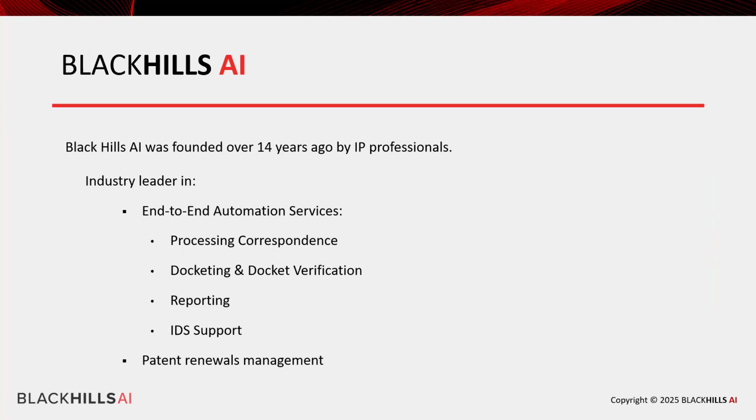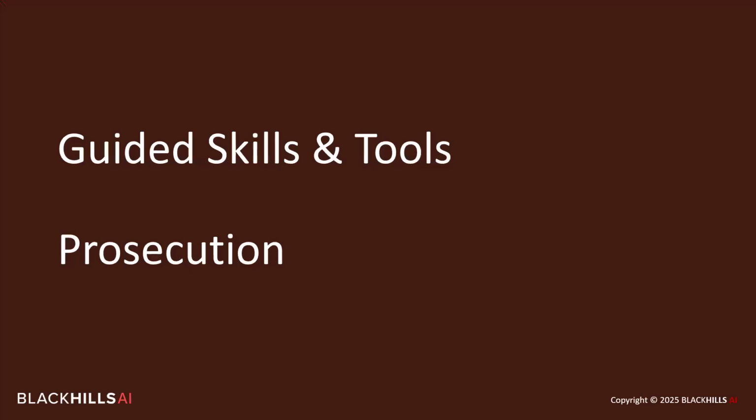Black Hills AI has been around for a number of years, working in automation, workflow management, data handling, and analysis in the area of intellectual property law, particularly docketing, paralegal support, renewals management, and prosecution support as well. So today, on the topic of prosecution, we're going to take a look at some guided skills that are particularly focused around handling office actions.